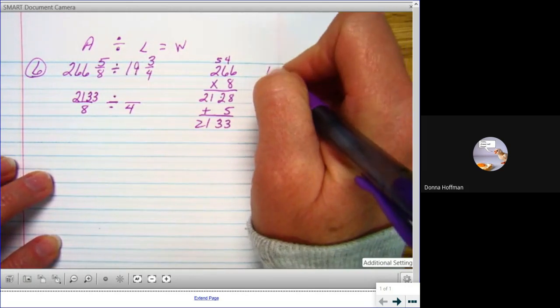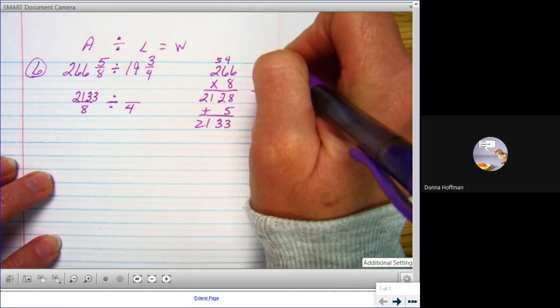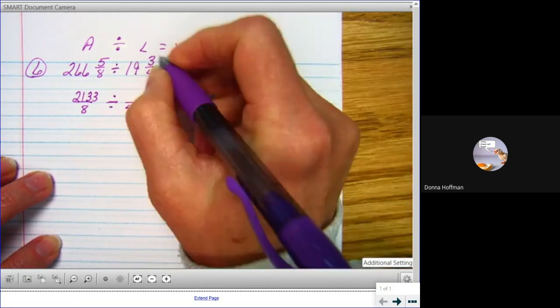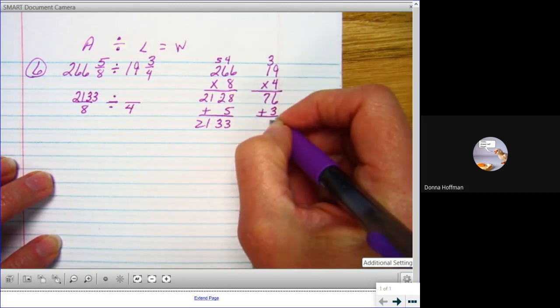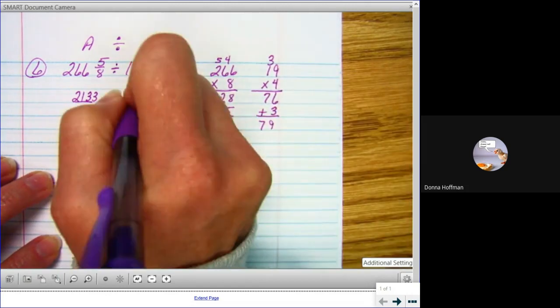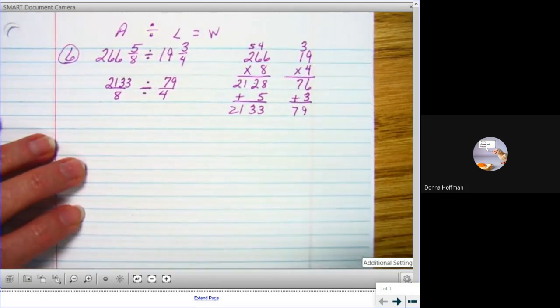And then I have to do the same to the other side. 19 times 4 is 76, plus my pieces I have here. Can't forget those. So I have 79. Now I'm in improper fraction divided by improper fraction. I'm ready to do keep, change, flip.